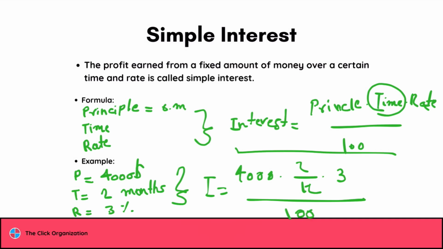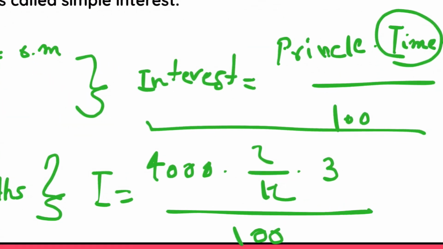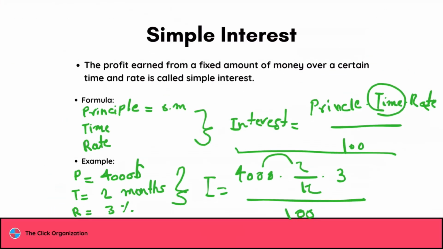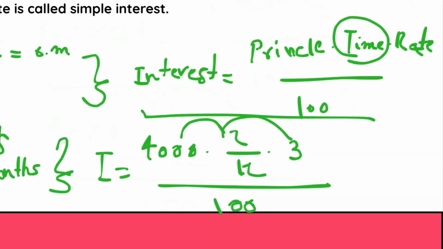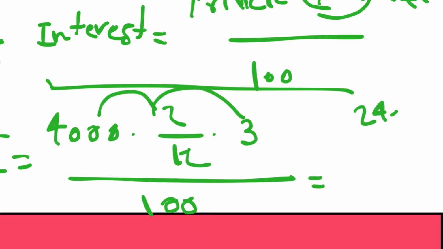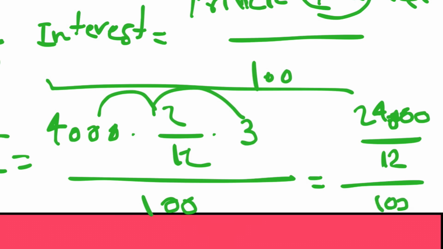Okay, so 4,000 times 2 will be 8,000, right? 8,000 multiplied by 3 is equal to 24,000, right? So 24,000 divided by 12, all of them divided by 100.